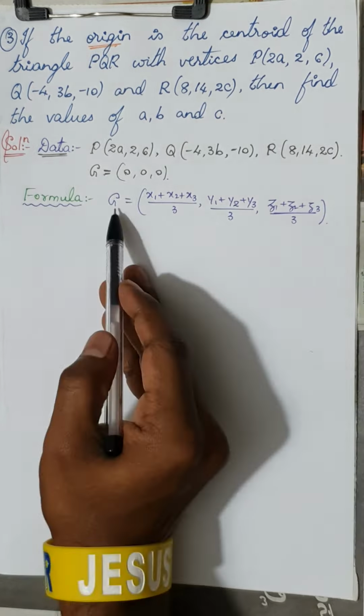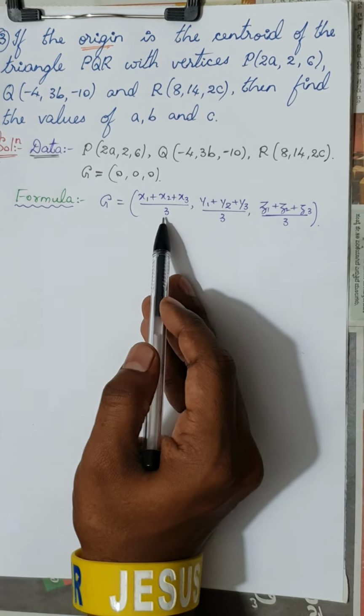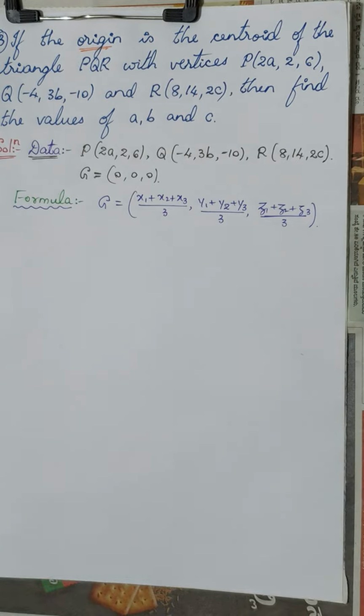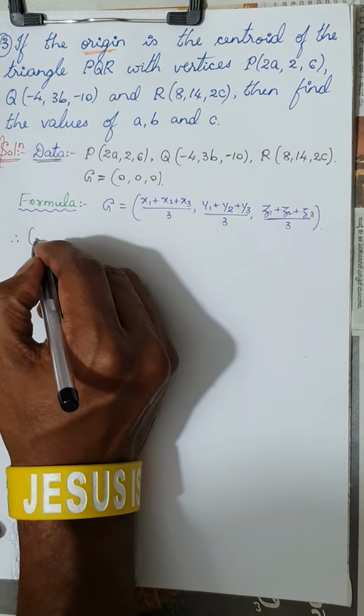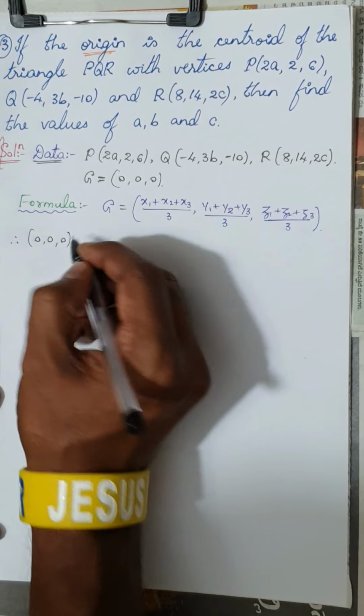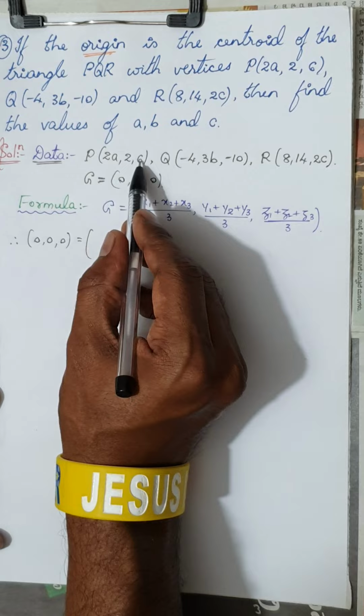So we know the coordinates of the centroid, denoted by G, is (x1 plus x2 plus x3) by 3, similarly for y and z coordinates. Okay, therefore, G is already given as 0, 0, 0, and that is nothing but taking x1 y1 z1, x2 y2 z2, x3 y3 z3.